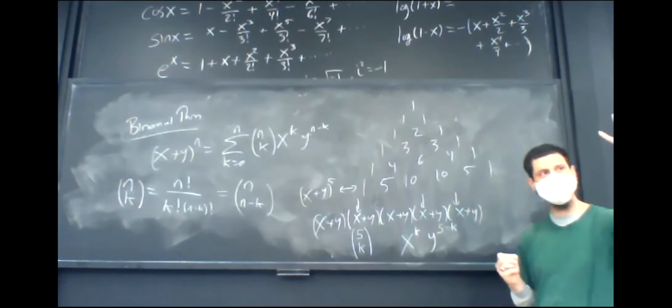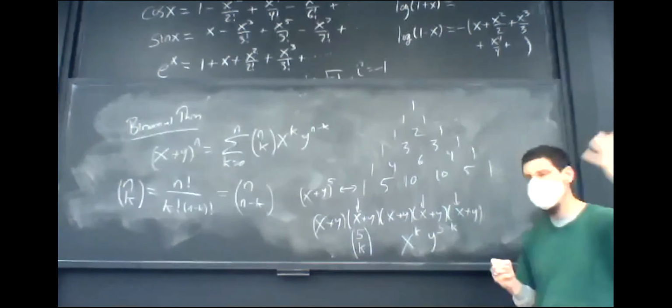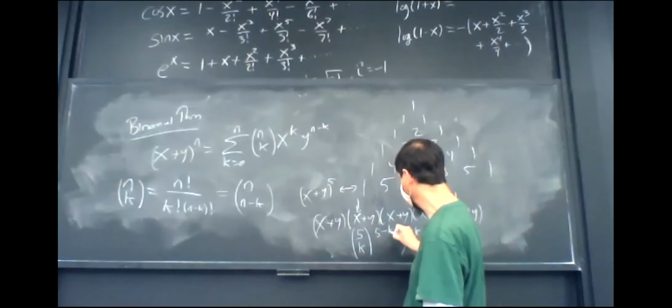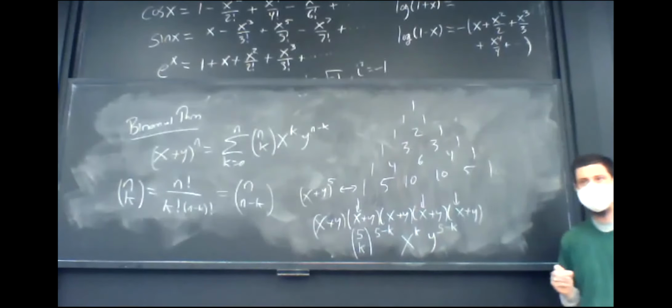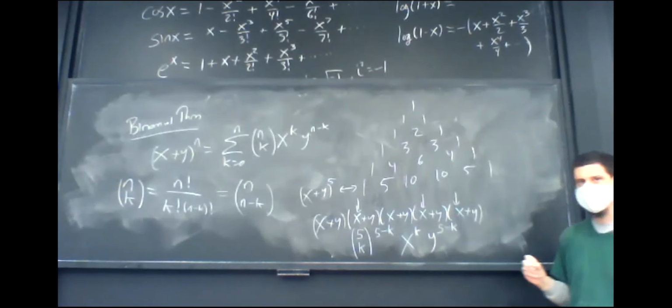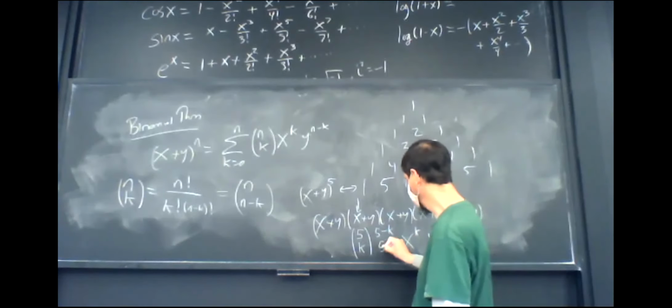So you have 5 factors, and let's say I choose 2 of them to be x's. How many factors are left if I have 5 initially and I choose 2? 3. So in general, if I have 5 and I choose k, there's 5 minus k that are left. I have to choose all the ones that are left to be y's. So it's 5 minus k choose 5 minus k, choose all of them.